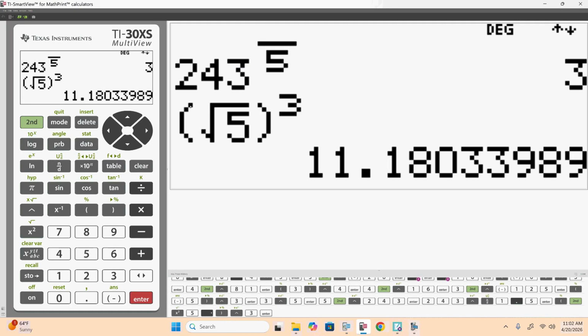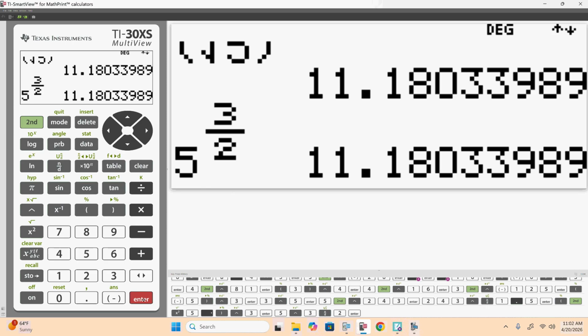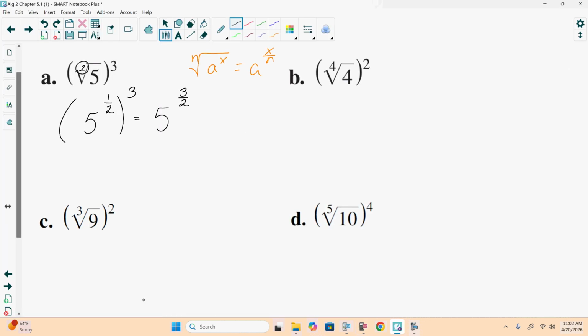There's an easy way to check that. 5 to the 3/2 does give us the exact same value. Now for this one, it doesn't help us much because it's not giving us an easier way to calculate it. It's about 11.18.